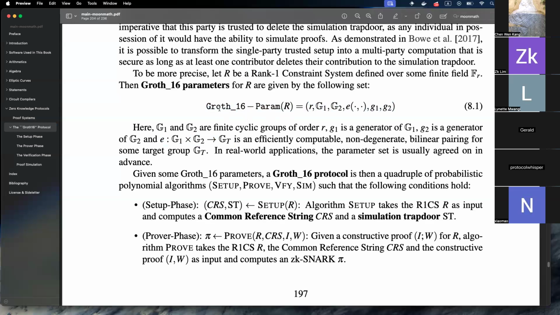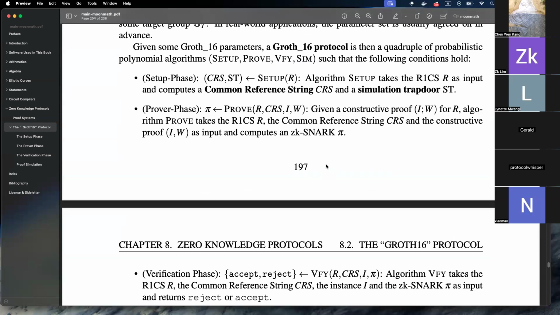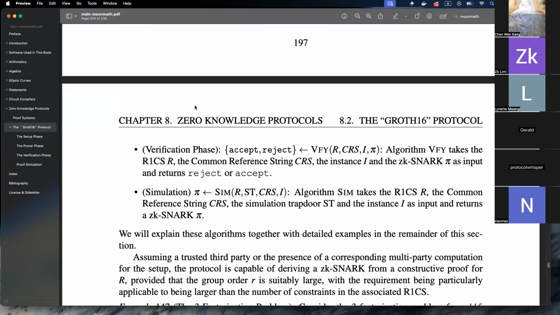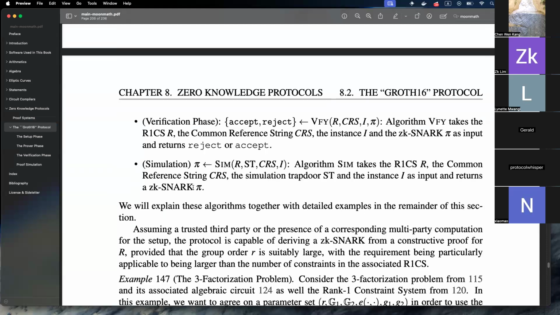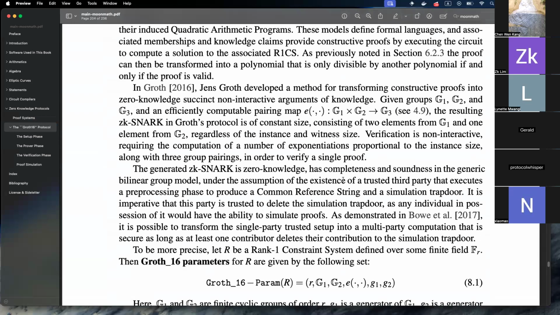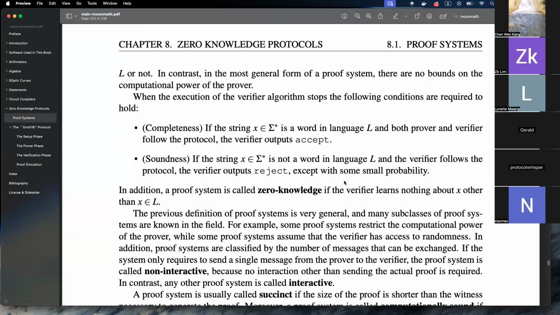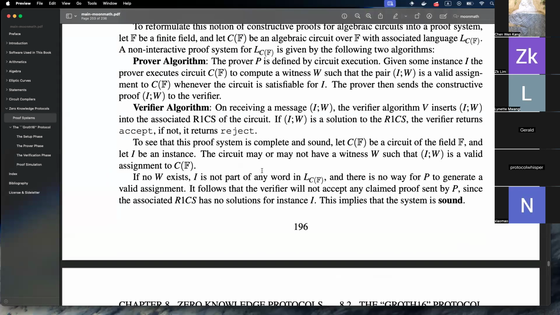And in the Groth16 protocol, there are multiple steps: the setup phase, the prover phase, the verification phase, and the simulation phase. The simulation phase is mainly for us to reason about, if I'm not wrong, the soundness of the protocol.